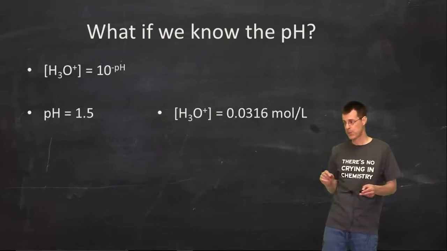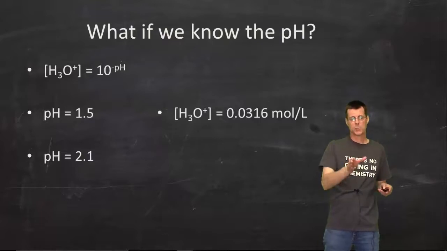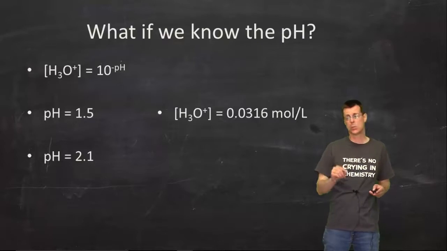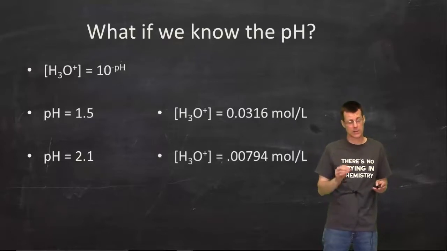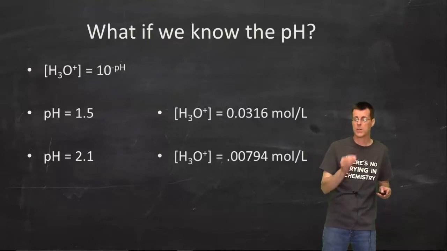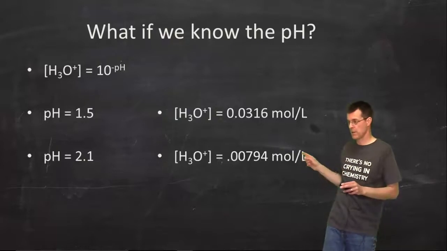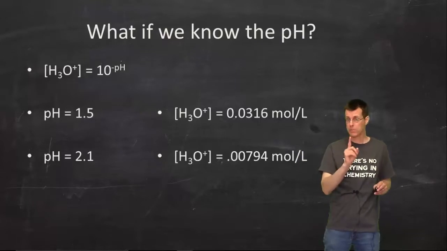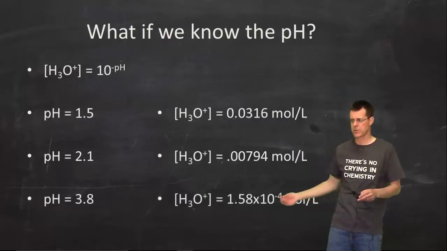If I had a pH of 2.1, please try this out, you'd be one step ahead of me. 10 to the exponent negative 2.1, and I got decimal 0.0794. We won't talk too much about rounding right now, but I will say that concentrations do have units. Very important. And finally, if it's a 3.8, then the concentration is that.